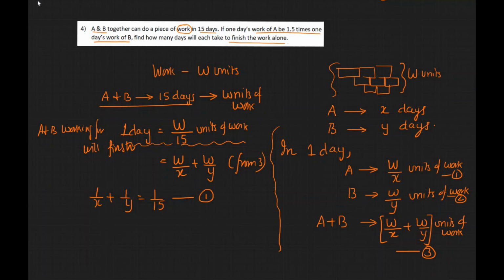So let's further look at this problem. It says 1 day's work of A is 1.5 times 1 day's work of B. So we know that 1 day's work of A is W by X, and that is 1.5 times 1 day's work of B. So in other words, you can cancel W, and you can say 1 by X minus 1.5 divided by Y equal to 0.